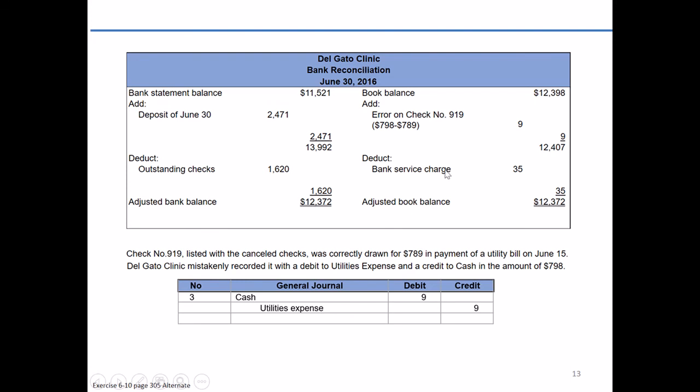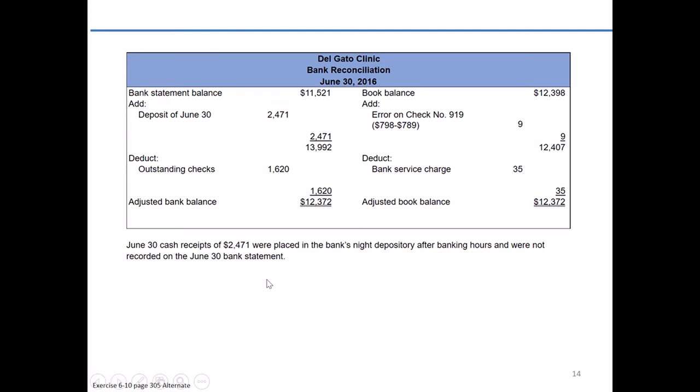With both of these entries, the bank service charge and the error, that would finally bring our actual cash balance on our books to $12,372, the true amount of cash we really have, and that's what we want. The last item that was noted was that there were $2,471 in deposits in transit.